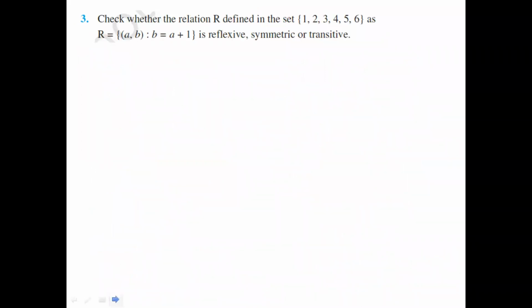Okay, see the next problem. Check whether the relation R defined in the set 1, 2, 3 up to 6, with R equal to (A, B) such that B equals A plus 1, is reflexive, symmetric, or transitive.